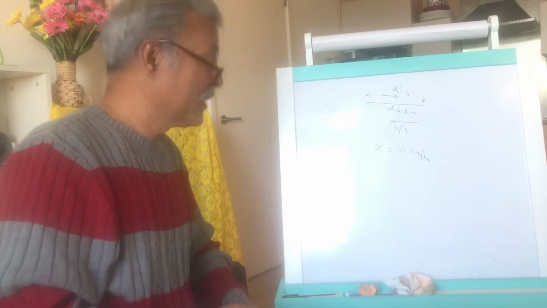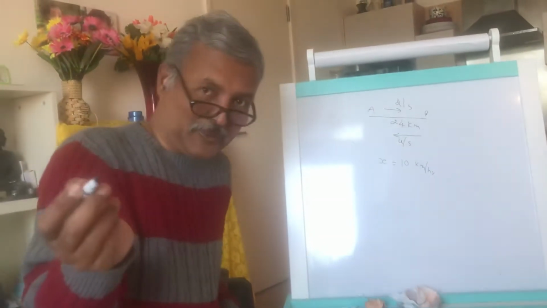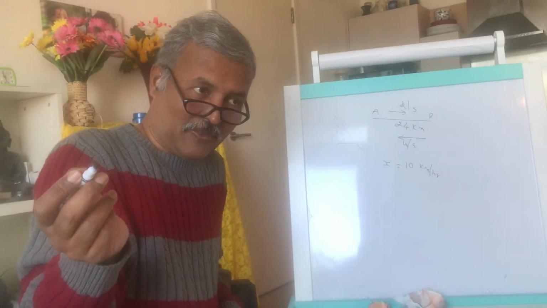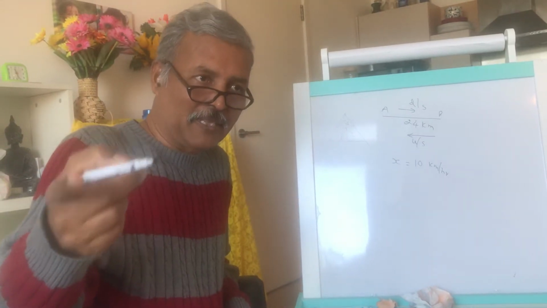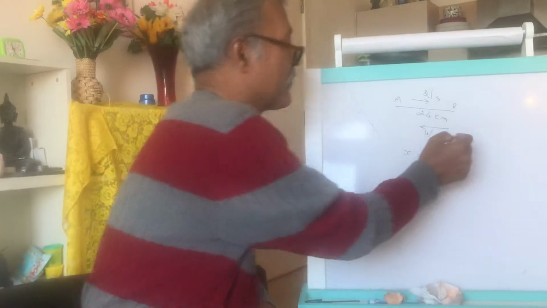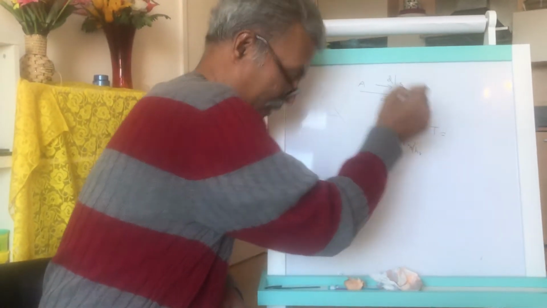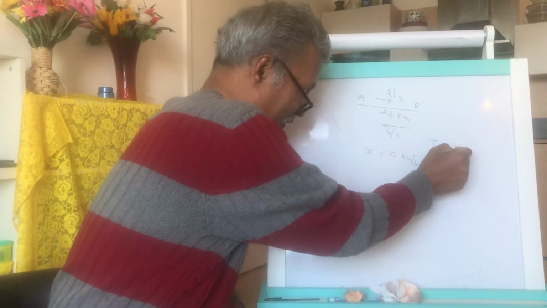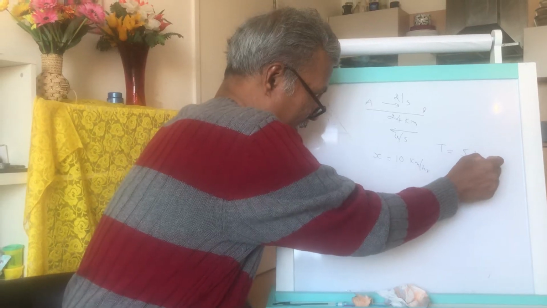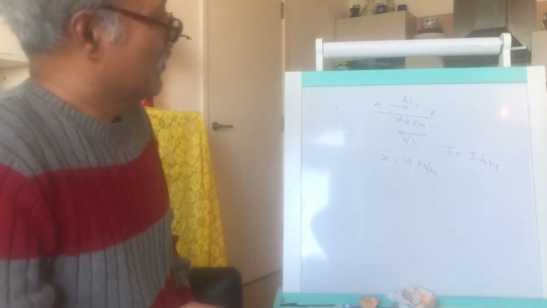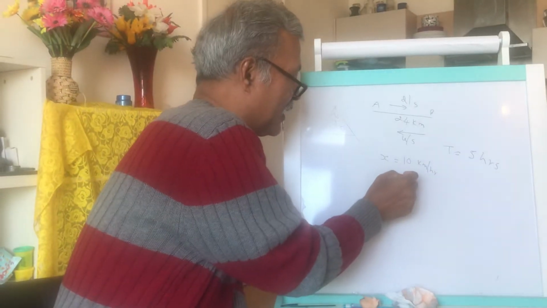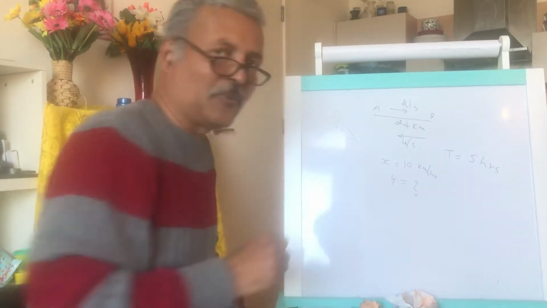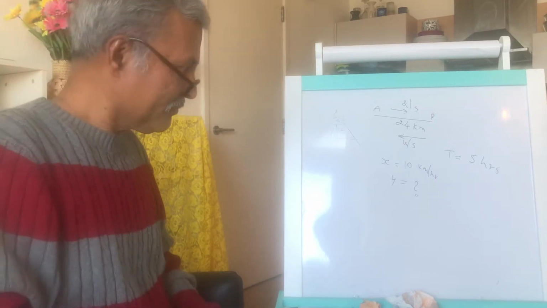And it is given that the total time taken for going from A to B and then back B to A is 5 hours. You can easily guess now. The only unknown is the speed of the stream. What is the speed of the stream?